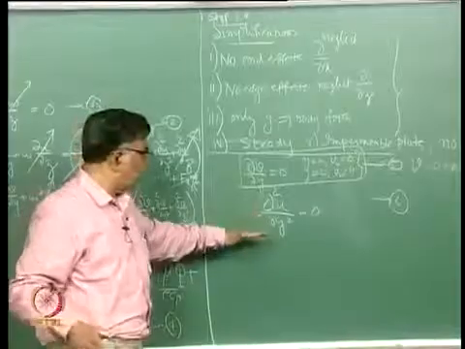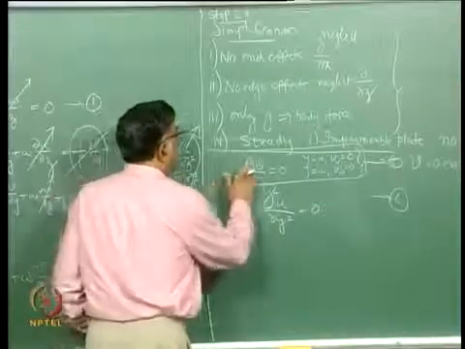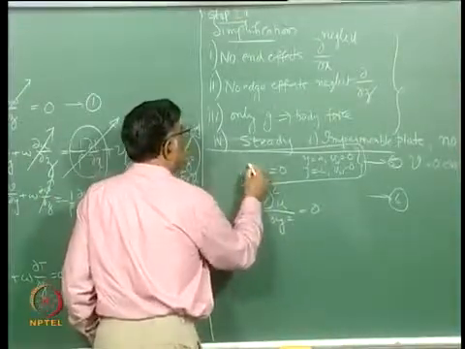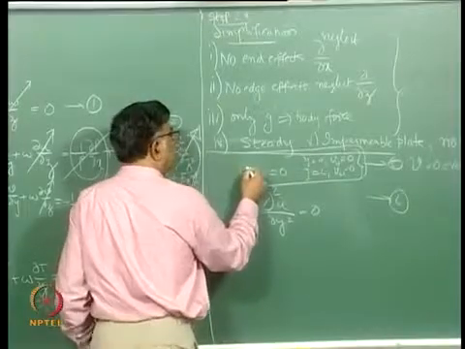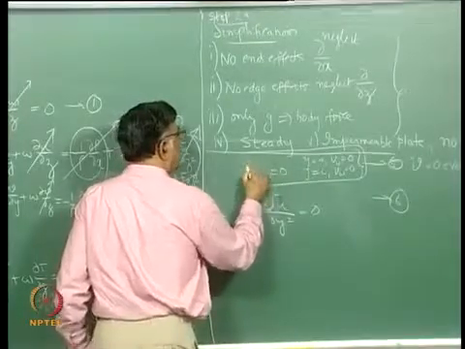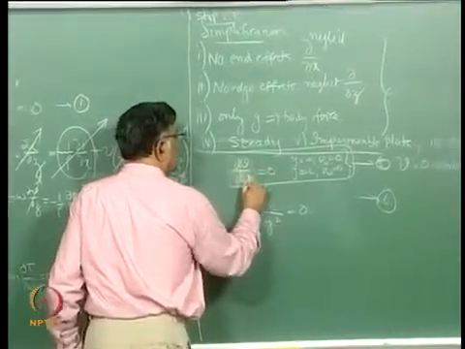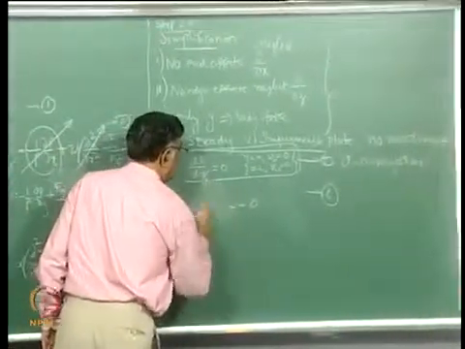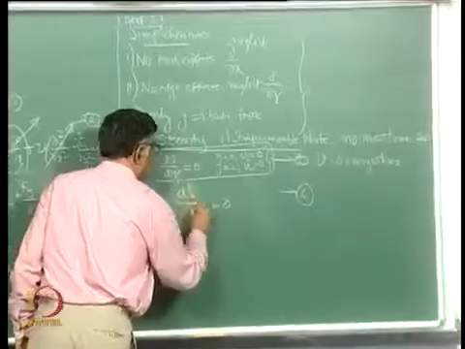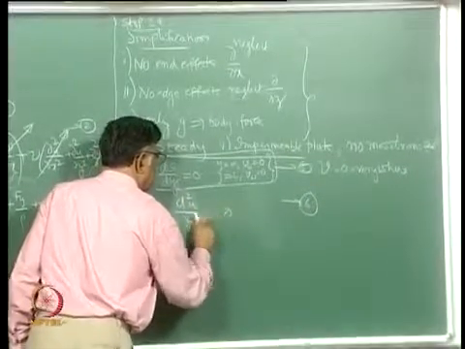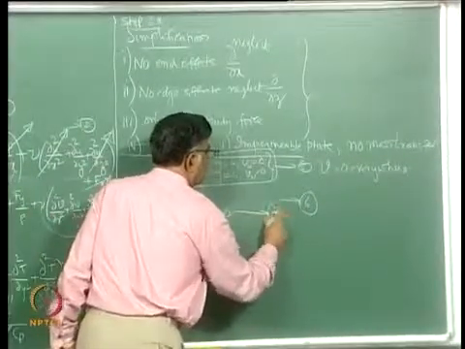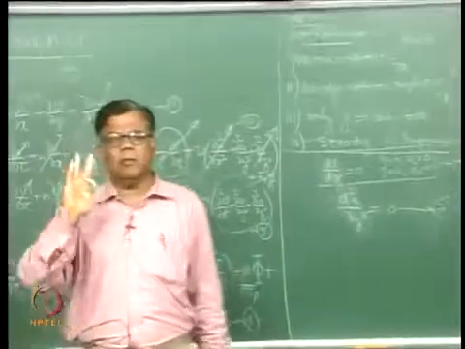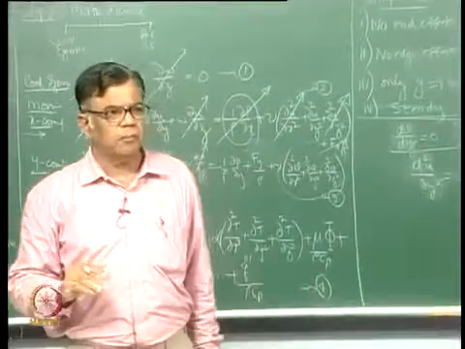You can as well write this by changing the del to d. So now it is coming into an ordinary differential equation. See how we have simplified that entire momentum x component.